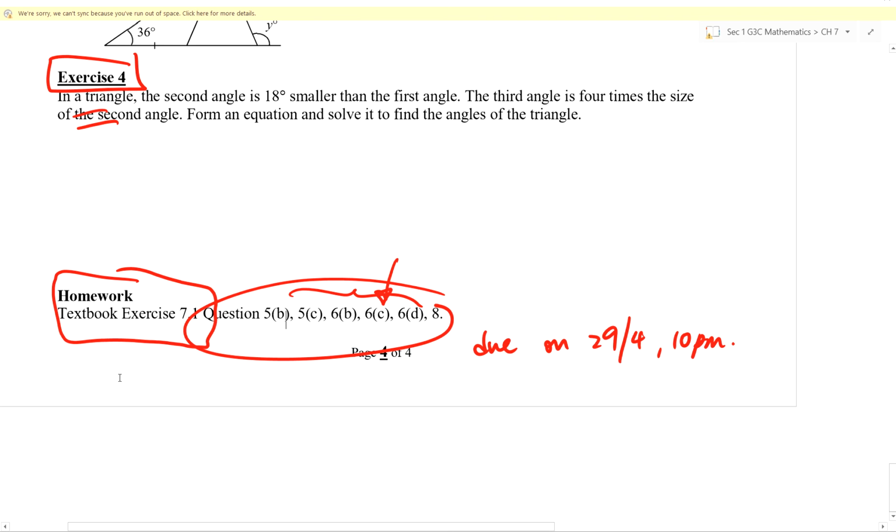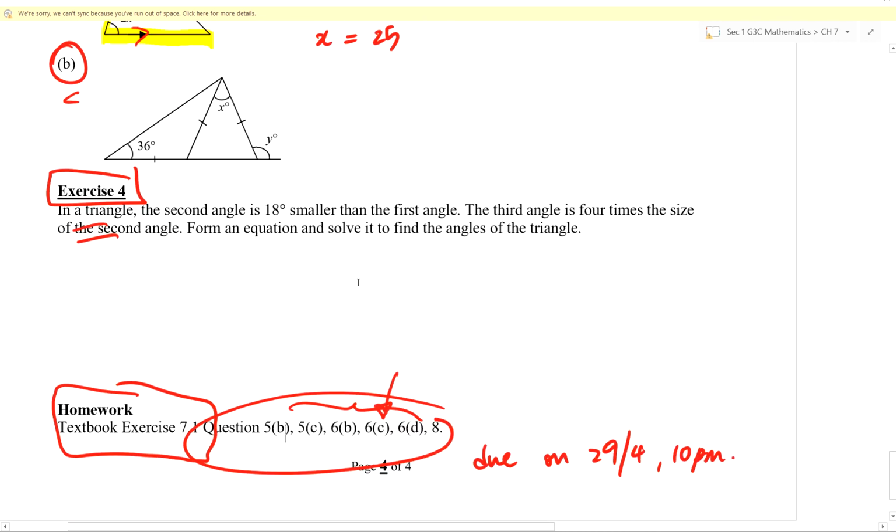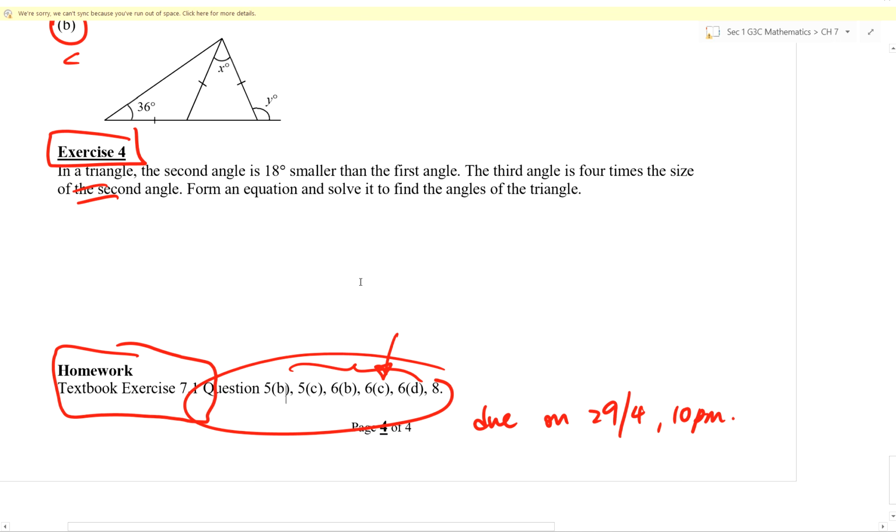As I was saying, this will be due on 29 April, 10 p.m. Both the set of notes as well as the textbook questions. You have about one period left, 35 minutes. You will be able to finish part B as well as exercise 4, and you will be able to start on your homework from your textbook exercise 7.1.